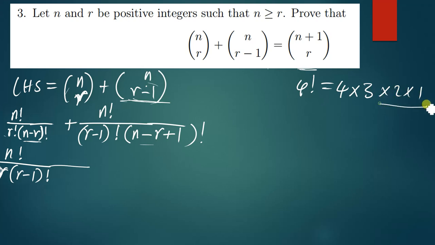But if I don't want to write this, I can just end at 3 factorial. So this is what I've done. I've just ended at r minus 1 factorial. Then of course I have n minus r factorial there, but I don't have n minus r in this one. So how do I get that? It is to find the factorial of this one.